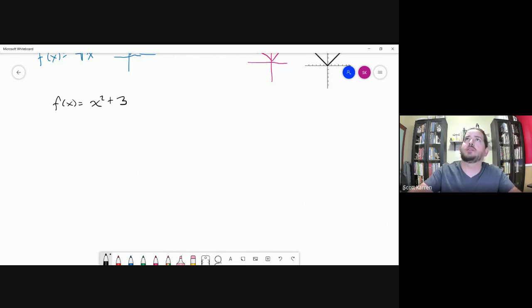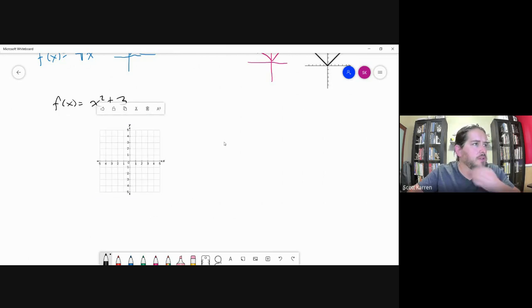I'm going to grab a picture of a graph. Yeah, perfect. I like that one. So if I drew x squared, right?